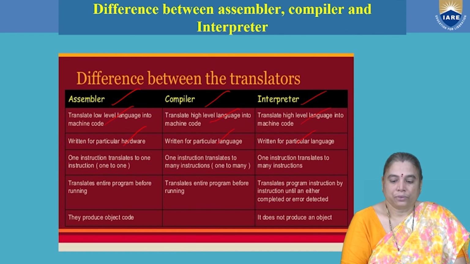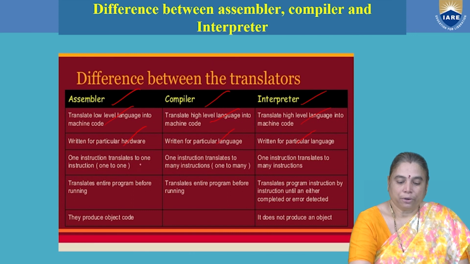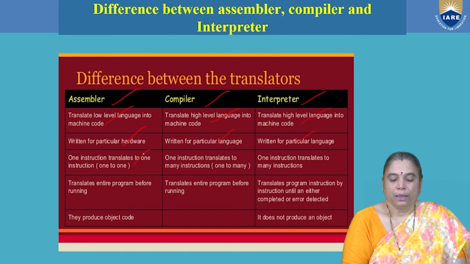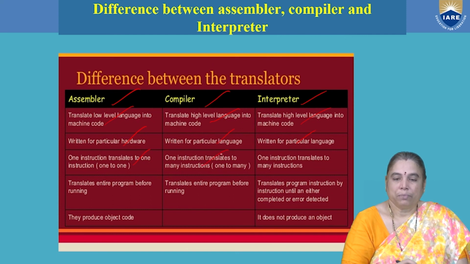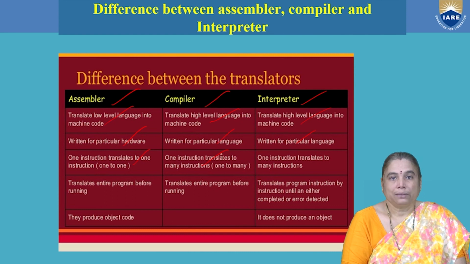The software has to be coded, and one-to-one instruction translation is done in case of the assembler, but the compiler can be one-to-many. Why? Because it can convert the whole program at a time.